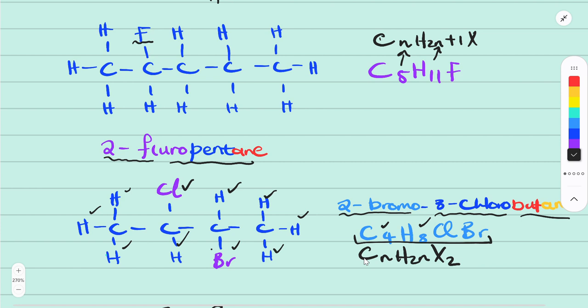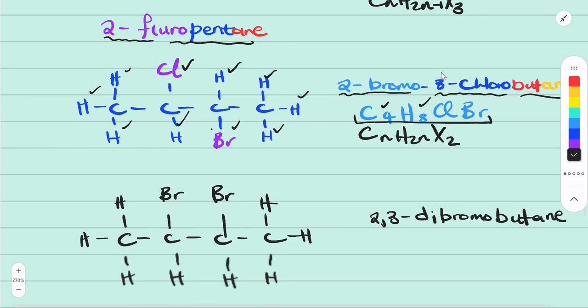So if you have three halogens, it's CnH2n with X3, but here we subtract one of the hydrogens. That's basically how it goes.